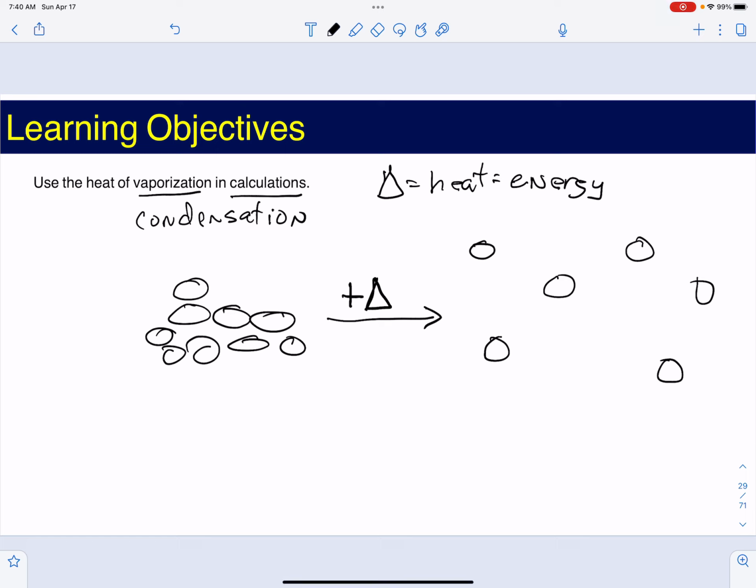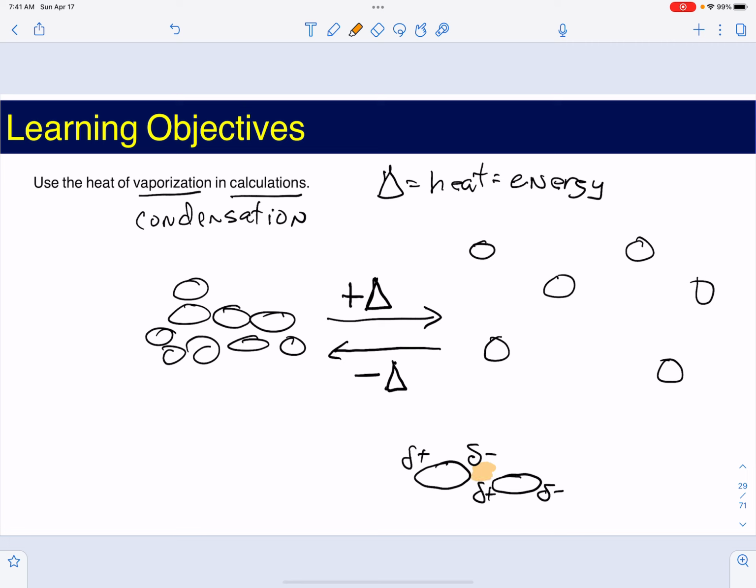But if we take energy away, then the molecules begin to slow down, and when they slow down, if they happen to be dipole molecules, then they have a higher possibility that the proper orientation will happen and the intermolecular force will grab hold and bring them together.